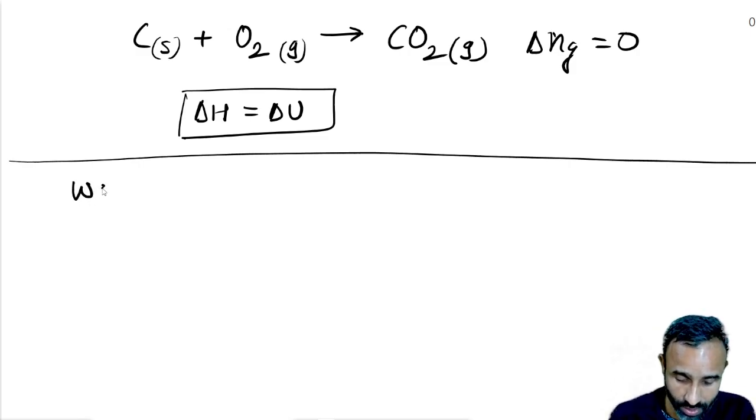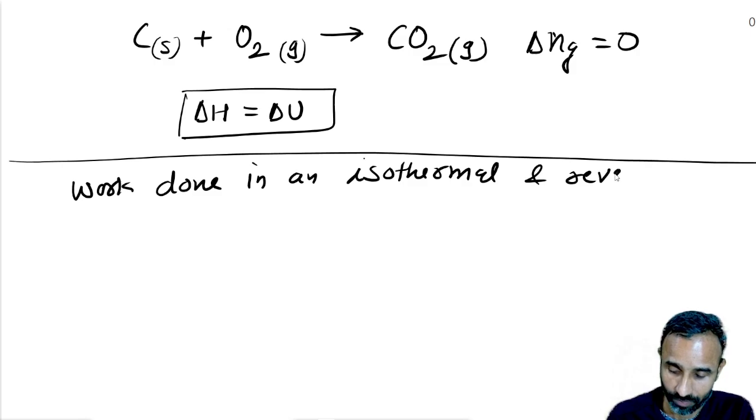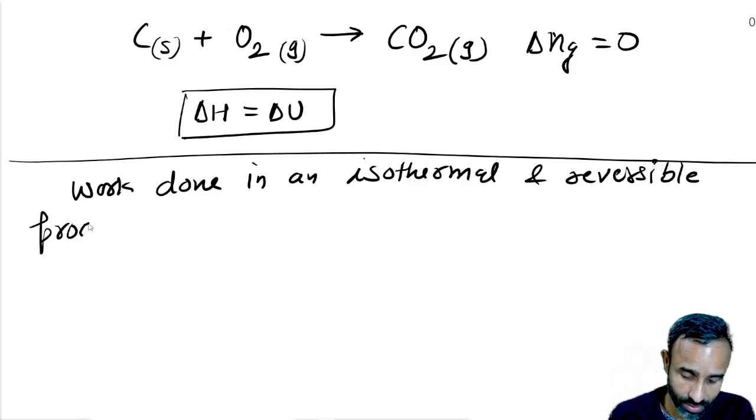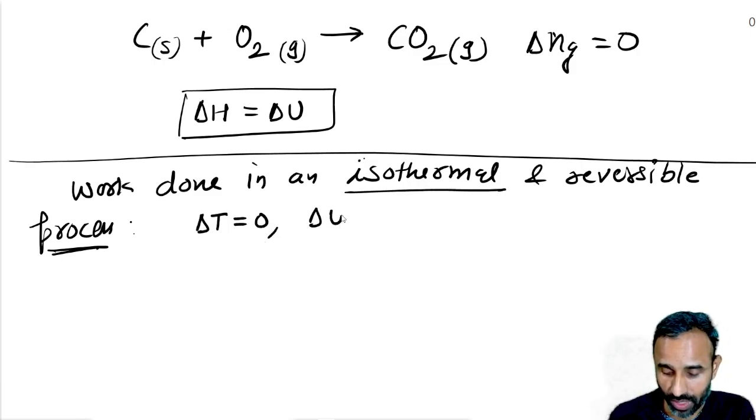Now, work done in an isothermal and reversible process. Isothermal means delta T is 0. So if delta T is 0, delta U is 0.